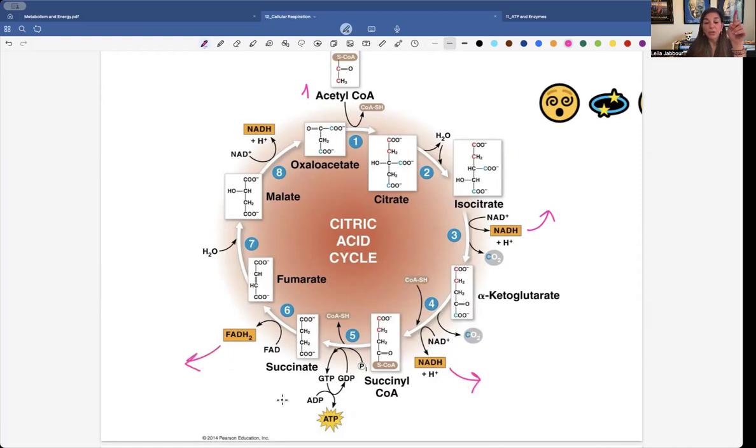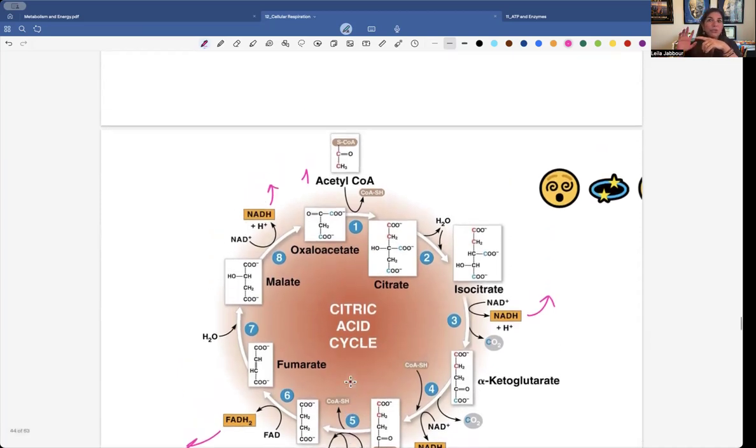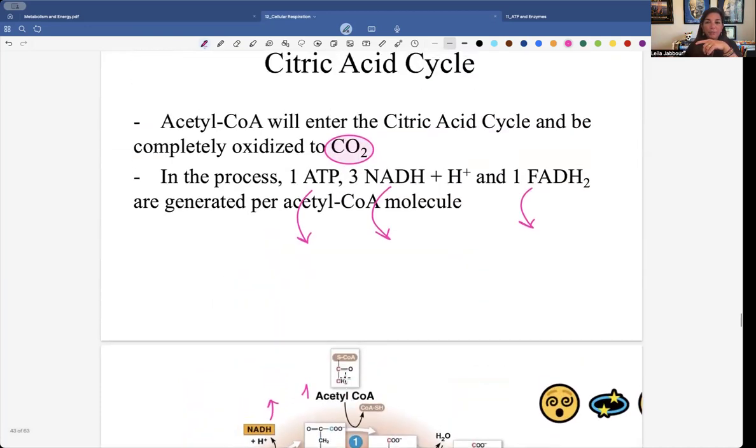That's very important. Yes, in the process, we're also producing an ATP here, and another NADH. Great, but it's not that much. Remember, we're producing 30 all the way at the end. So this is kind of bonus, but it's really not enough.